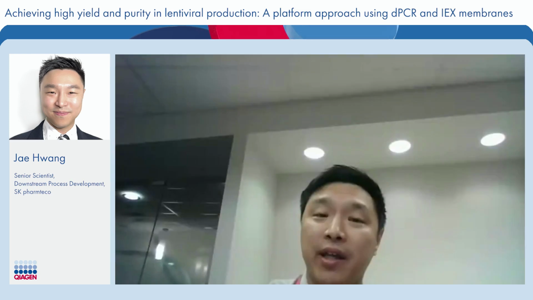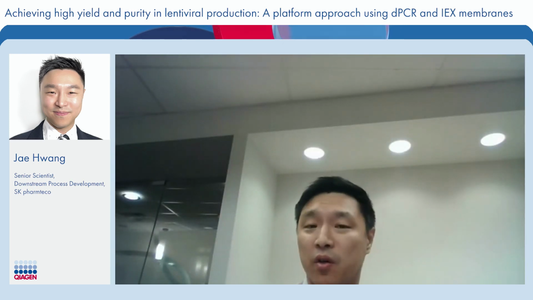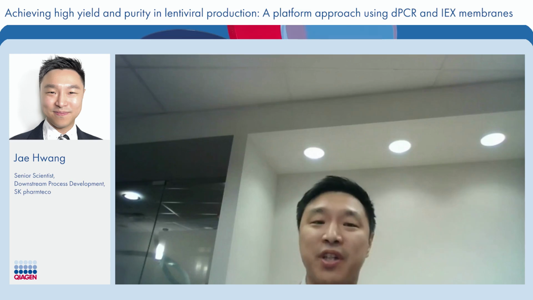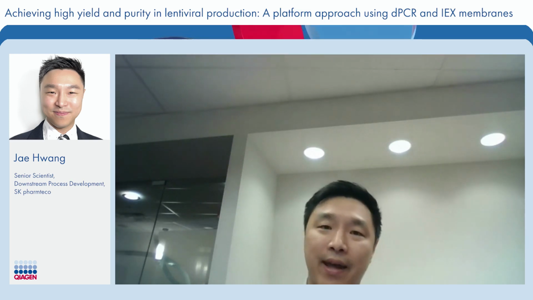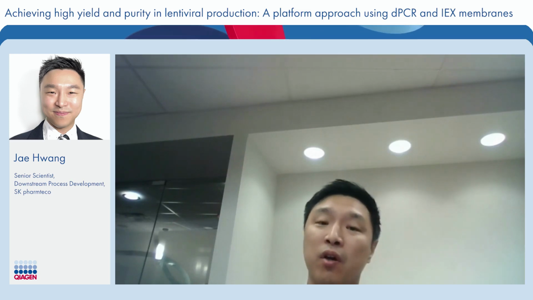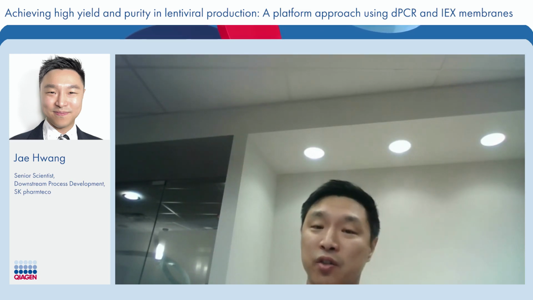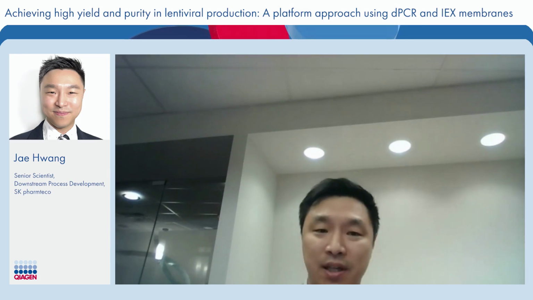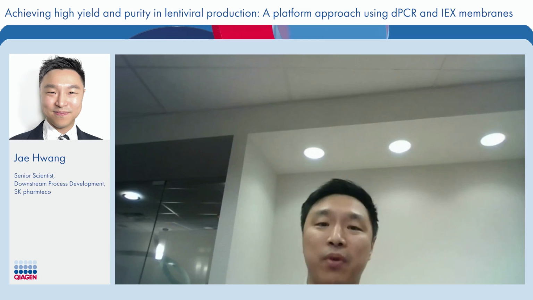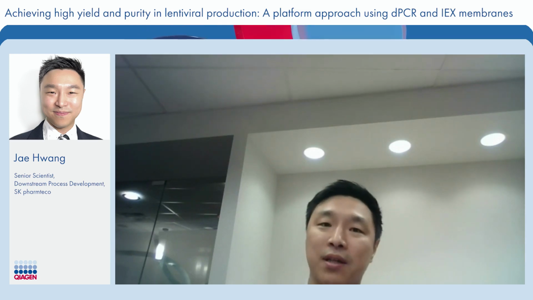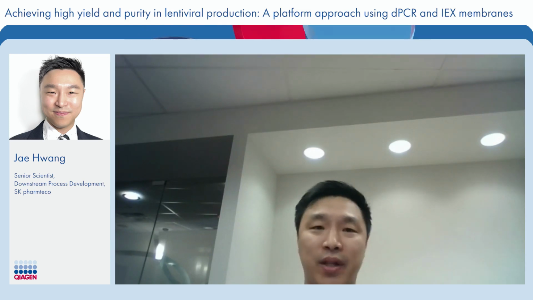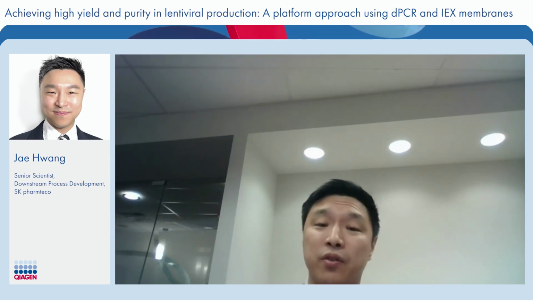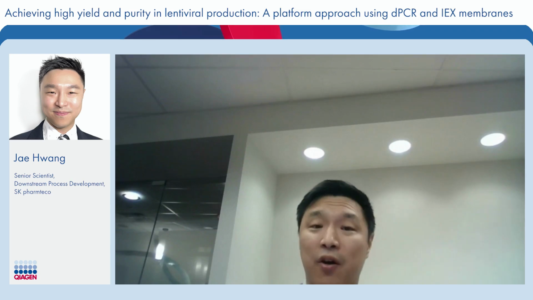So in the traditional IEX process, you actually need the low salt wash to remove loosely bound impurity proteins before the elution. The problem with that is you can also elute the lenti during this low salt wash if they're weakly bound to the matrix. So in our optimized process, we improve the key process parameters so that the more impurity proteins, like host cell proteins, don't bind to the matrix at all.